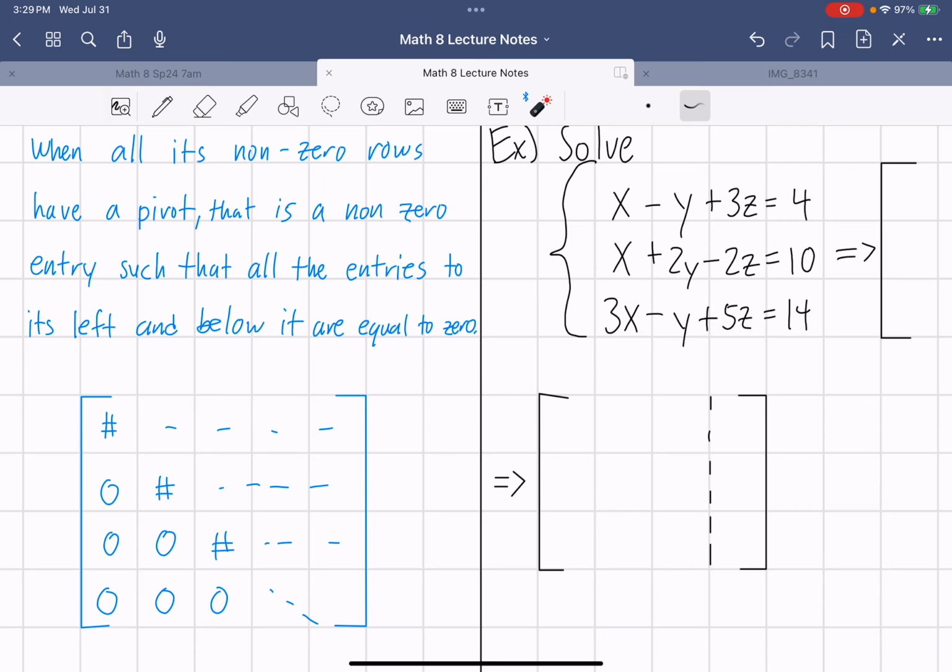Now, there is something known as a reduced row echelon form that extends this definition to wanting everything above and to the right to be 0, and then your diagonal to be 1s. I don't do it all the way there just because you're going to notice to solve some of these problems, it's really tedious. It's a lot of addition, subtraction, and multiplication.